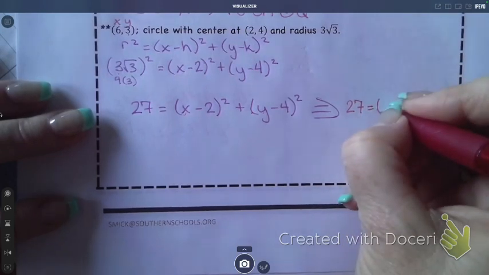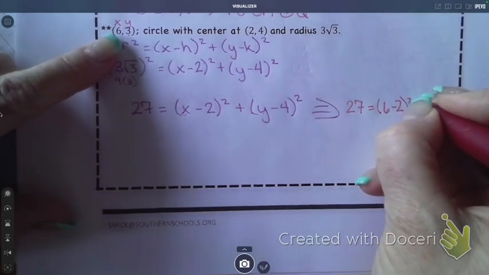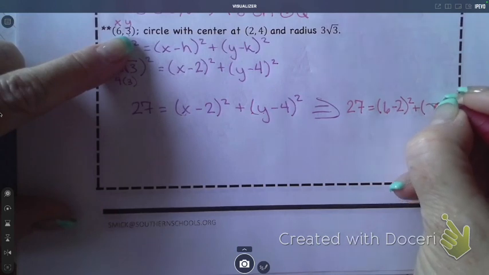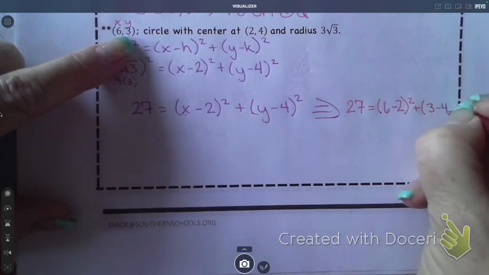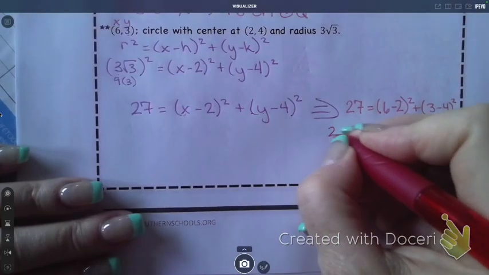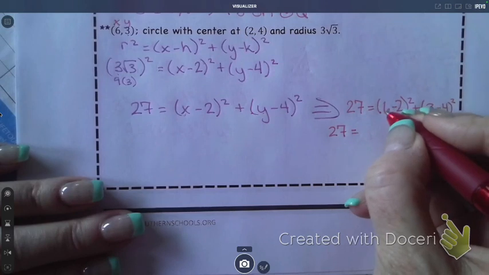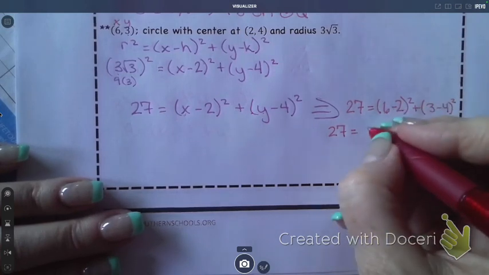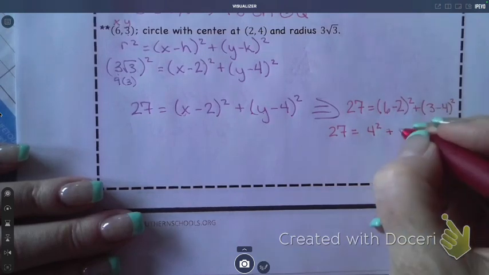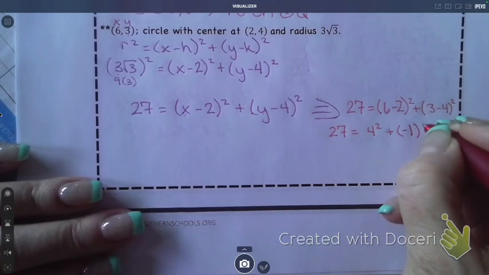So I have 27 equals 6 minus 2 squared plus 3 minus 4 squared. So 6 minus 2 is 4, so 4 squared plus negative 1 squared.